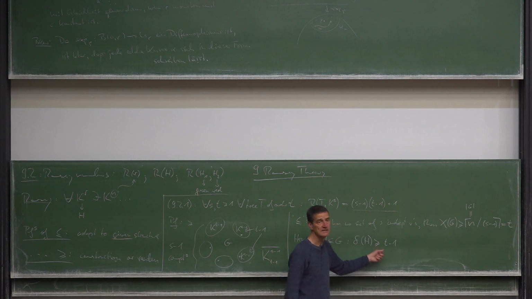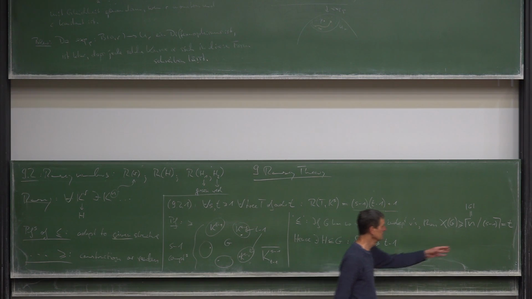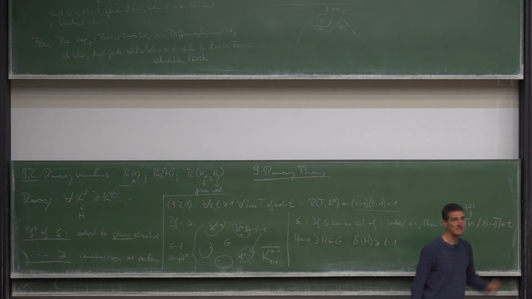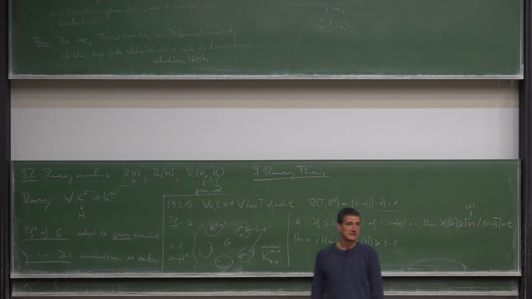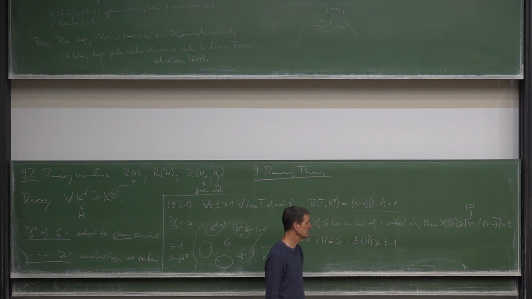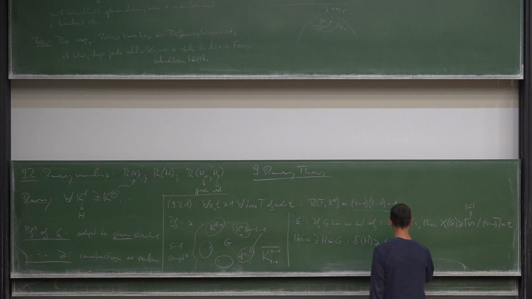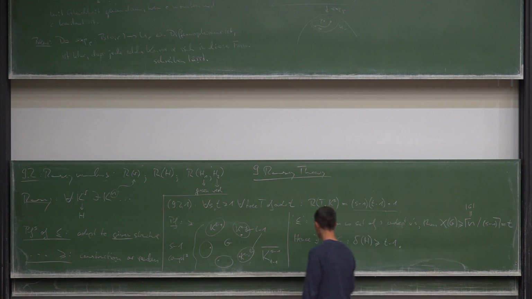And since it has only t minus 2 neighbors, we can color it with the remaining one of the t minus 1 colors, and we'd have a contradiction to the chromatic number of H still being t. Okay, so there is this subgraph of G that has min degree at least t minus 1.